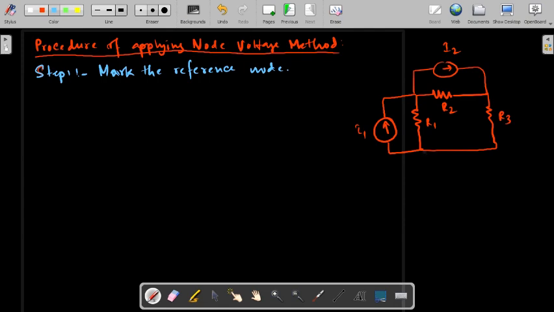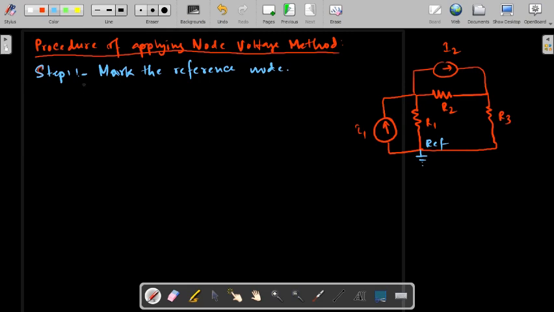But you have to mark it first. Choosing the reference node is very important when independent voltage sources are present in the circuit. But for this case there is no independent voltage source, so I am just taking an arbitrary node as the reference node. So that also you can take. So this is your reference node.